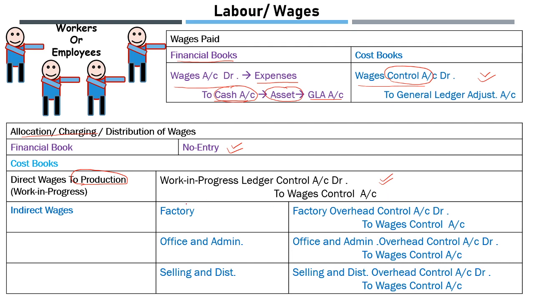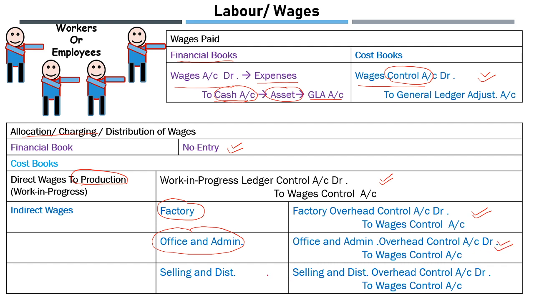When we charge wages to factory, then our entry is factory overhead control account debit to wages control account. When we charge the wages or labor of the office and administration department, our entry is office and admin overhead control account debit to wages control account.